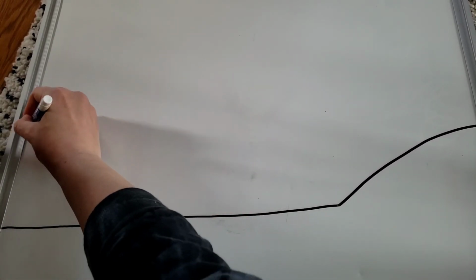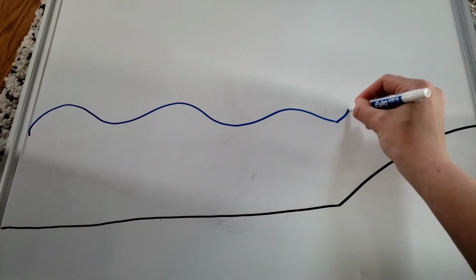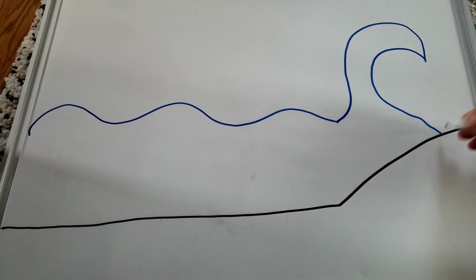Now we're going to show what happens when the wave is right on top of the shoreline. So here we have our sand that's getting deeper, and then we have our shoreline. The waves move toward the shore until the shore forces them to break into an actual wave like what we see, and then it meets the shoreline.